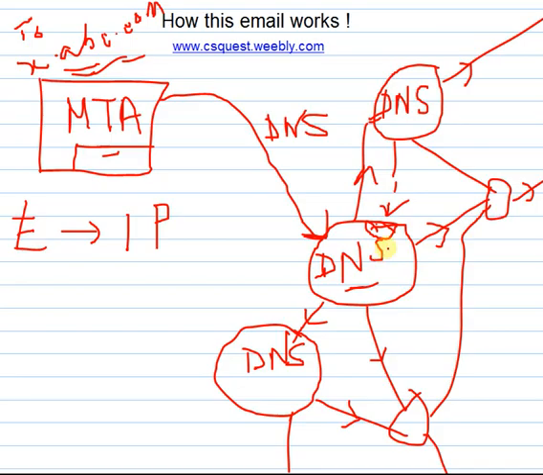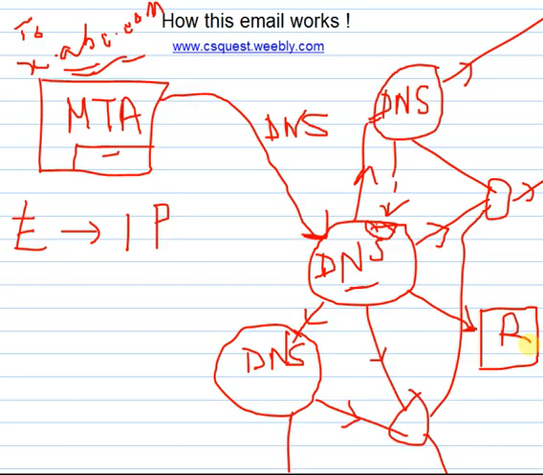But by chance if none of the DNSs is working, what will it do? It will refer to the root DNS. This is called root. It acts as a phone directory, you can say, root name servers.